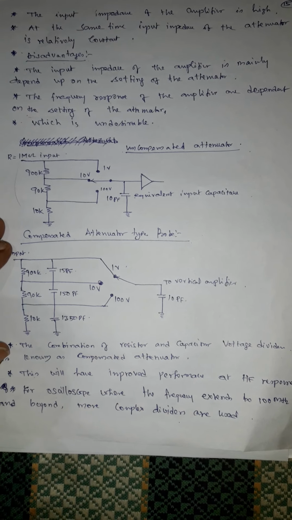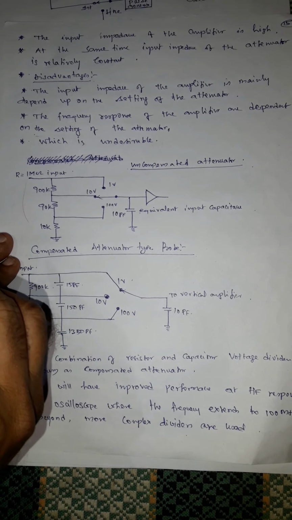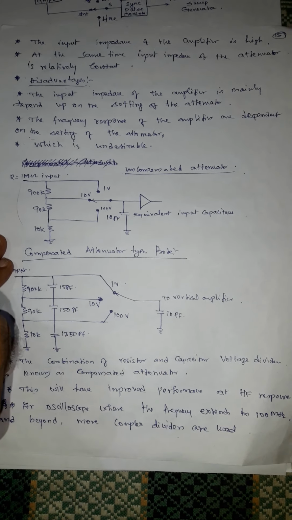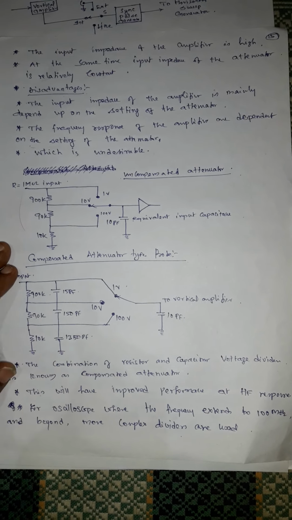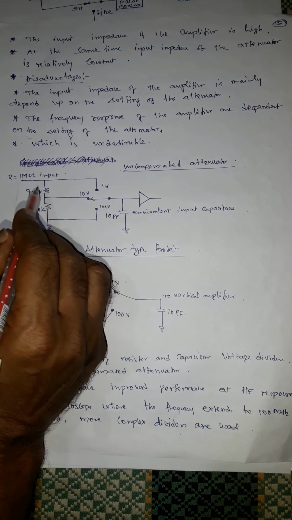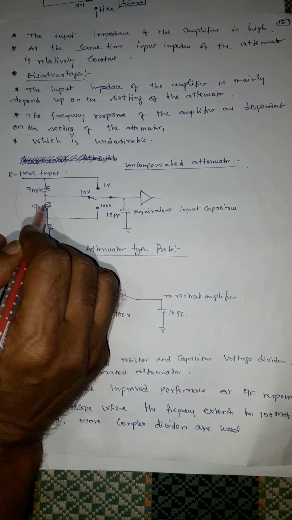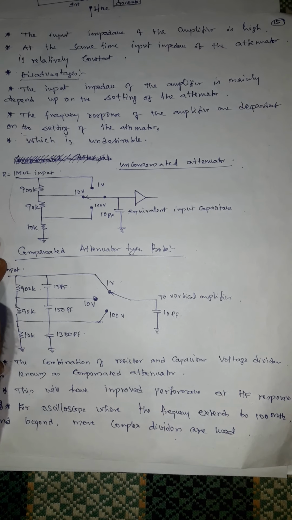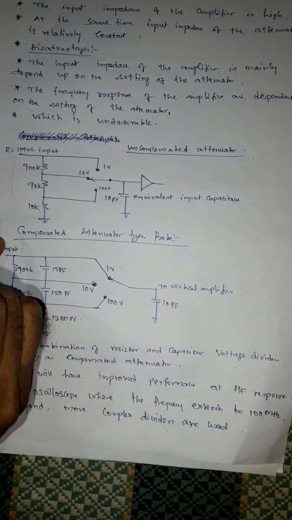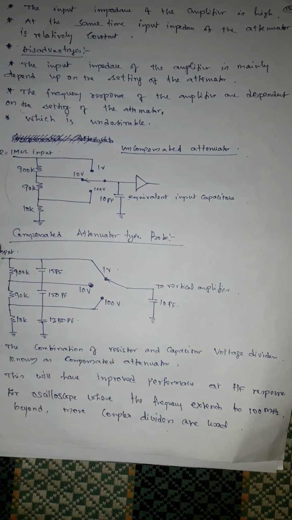These are the disadvantages. Once again, the input impedance and the frequency response of the amplifier depend upon the settings of the attenuator. So if the setting of the attenuator changes, it will affect both frequency response and impedance. This is the major disadvantage, which is undesirable.